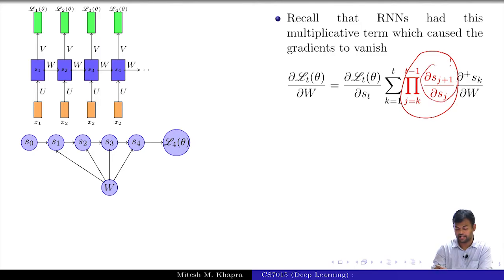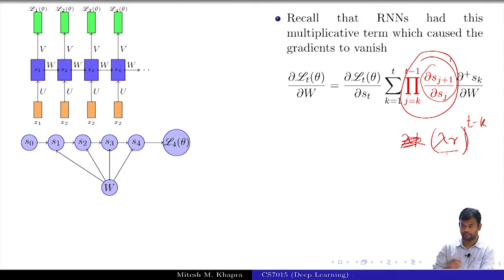This term here is actually a matrix because it's a derivative of a vector with respect to a vector, and this same matrix was getting multiplied multiple times. We did this proof which showed that this term is proportional to lambda gamma. If lambda into gamma is greater than 1, then this will explode. If it's less than 1, then it will vanish given sufficient time steps, okay.